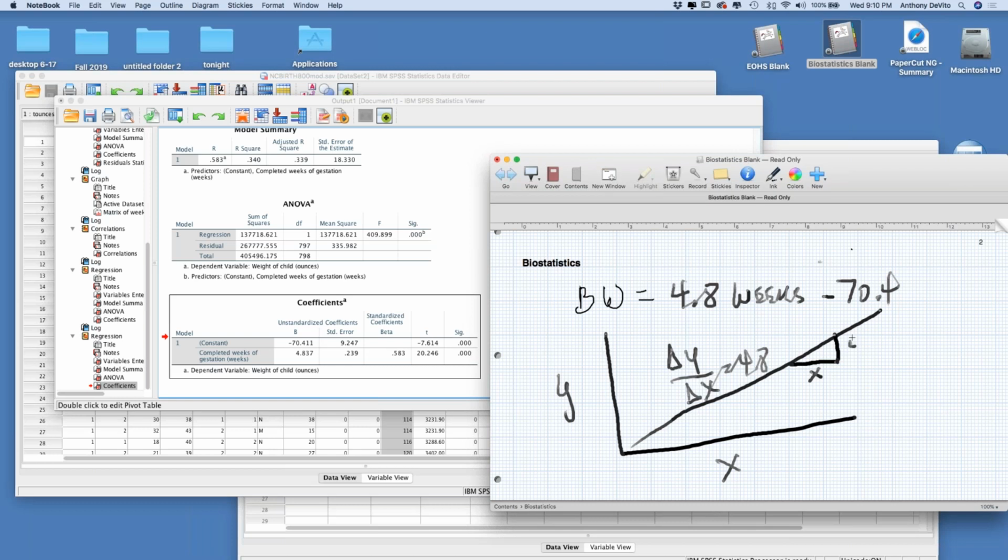Y increases 4.8. If x increases 1, y increases 4.8. If x increases 2, y increases 9.6. What does that tell you? That tells you that if I have danger of premature birth, and I can avoid delivering this baby for one more week, there's a good shot I'm going to get 4.8 ounces. That baby's going to be 4.8 ounces bigger than it would be if we didn't have that extra week.